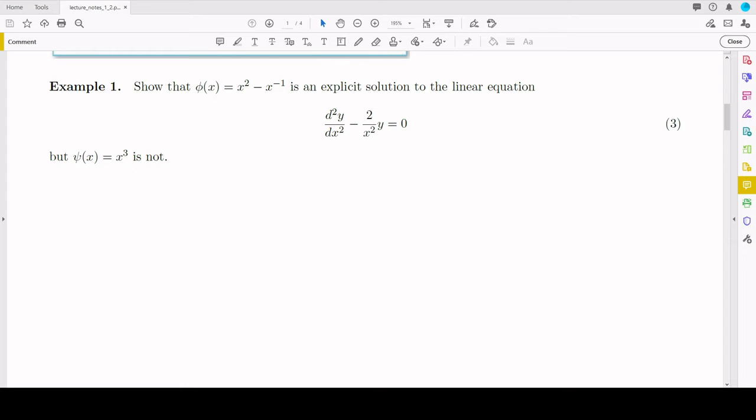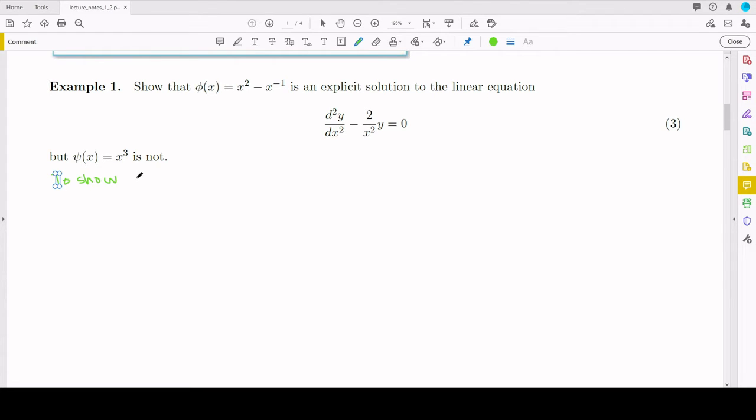So the first thing is, let's try to figure out what we have to show. If we want to show that phi of x is an explicit solution, we have to show that when we plug in phi for y, we get an equation that's true on an interval.